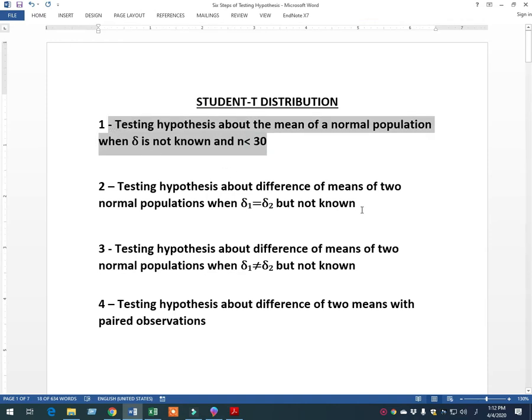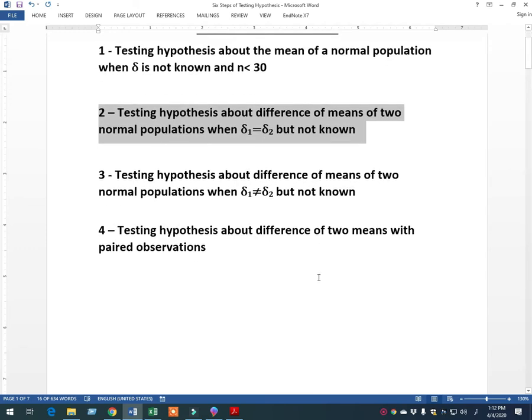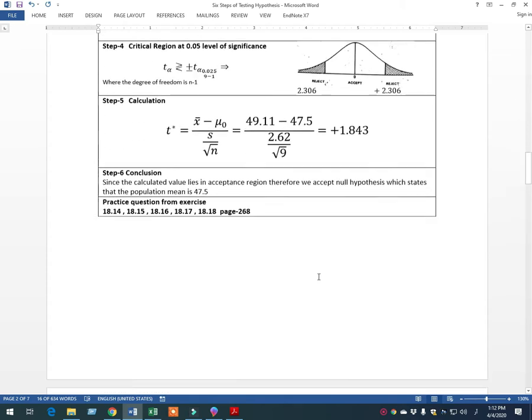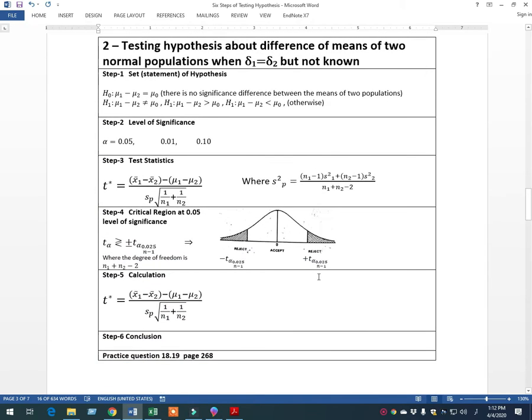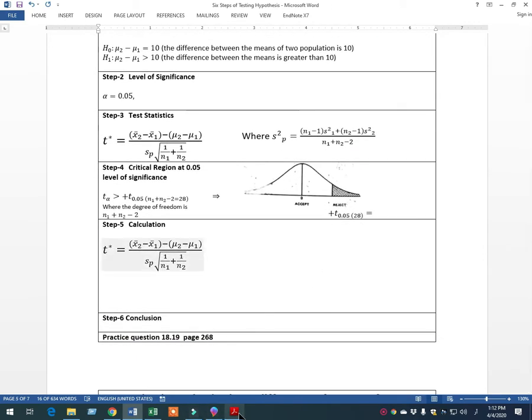Now I'll be presenting the second case in practice, and how this test would be done on this video. So I'll be going towards my question, and this is our second case.